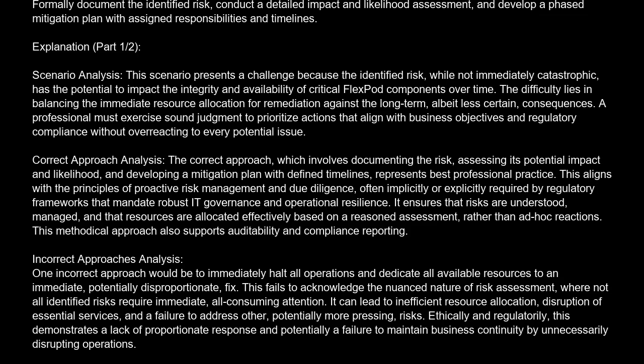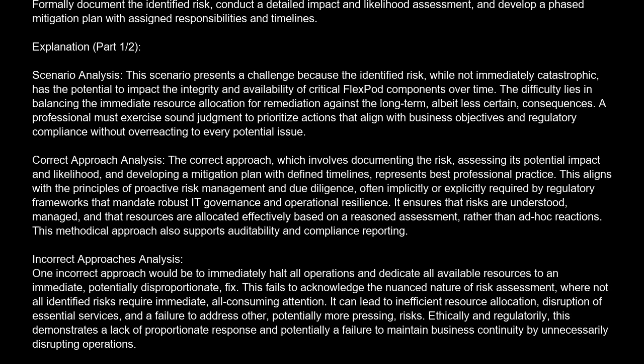Correct answer is C. Formally document the identified risk, conduct a detailed impact and likelihood assessment, and develop a phased mitigation plan with assigned responsibilities and timelines. Explanation. Scenario analysis. This scenario presents a challenge because the identified risk, while not immediately catastrophic, has the potential to impact the integrity and availability of critical FlexPod components over time.